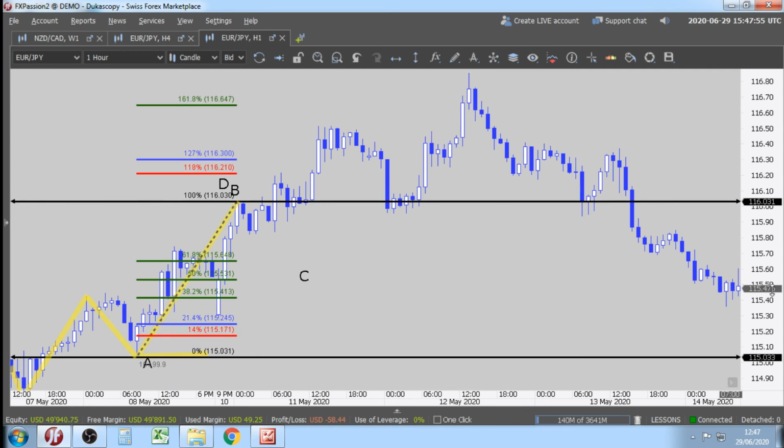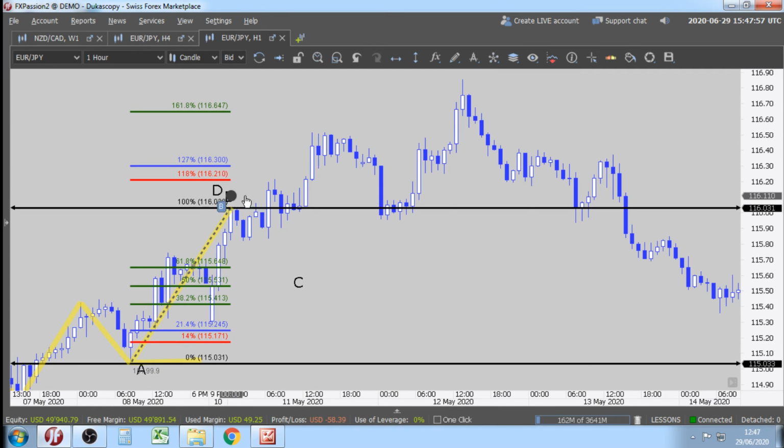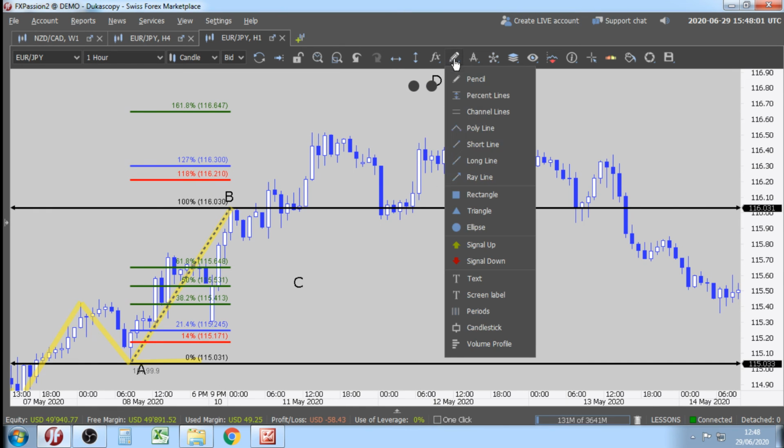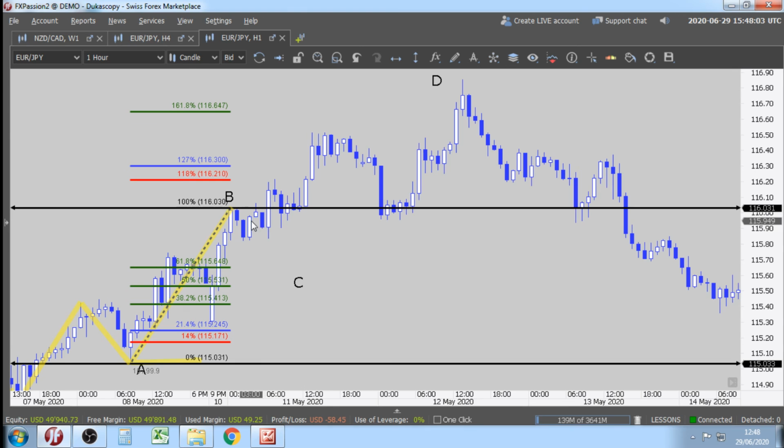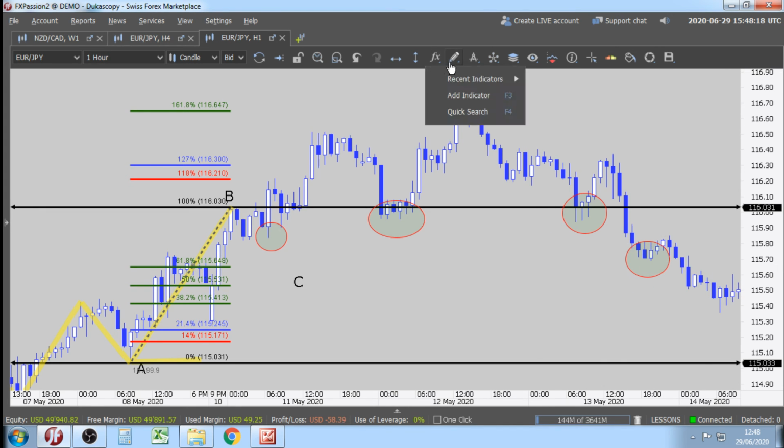question for you, everybody, and this is going to cost you money. Which one is the C? Is the first circle the C? Is the second circle the C? Is the third circle the C? Is the fourth circle the C?